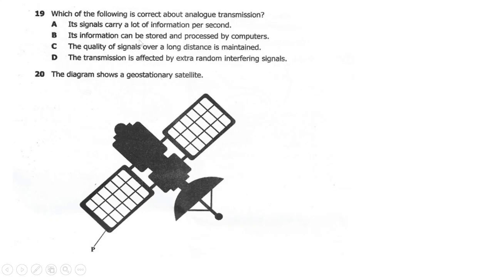B, its information can be stored and processed by computers. Yeah, somehow. Let's see the best one. C, the quality of signals over a long distance is maintained. No, it is actually lost. D, the transmission is affected by extra random interference signals. Yeah, it gets affected. So the answer is D.